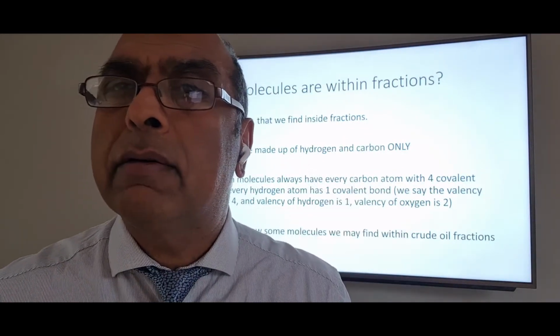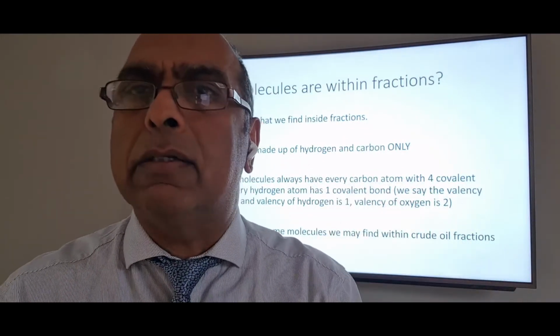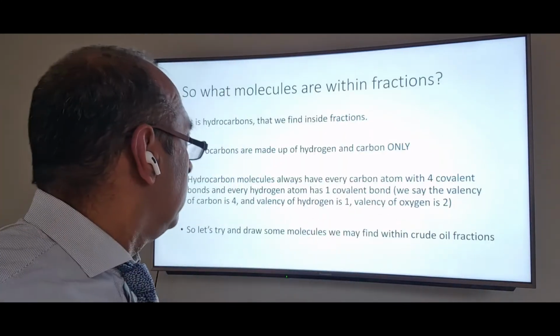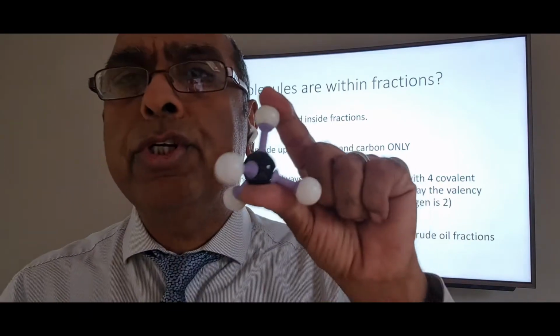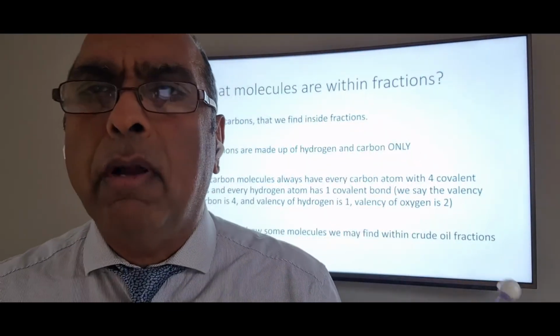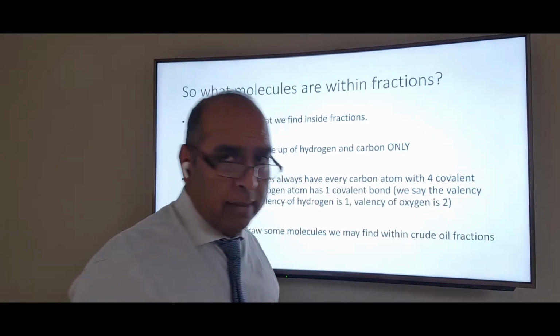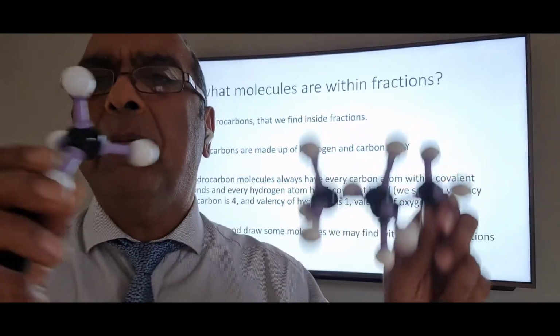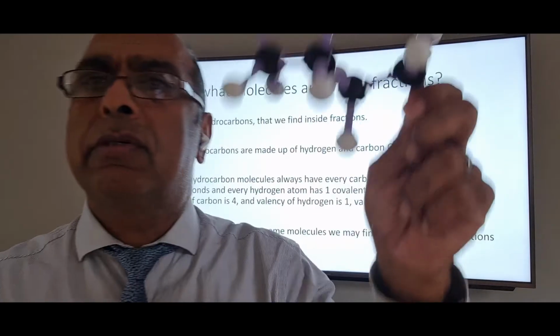How do I know that? Well, I know my angles of a tetrahedron. They're 109 degrees, 28 minutes. So I want you to know that that is a small molecule. That is a big molecule. They're both hydrocarbons.